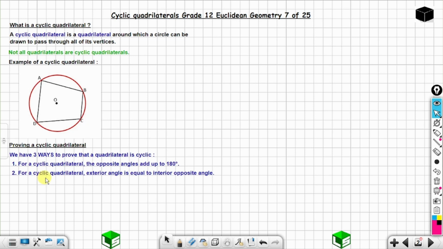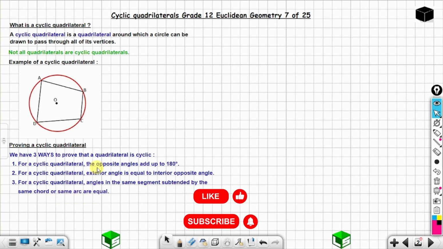For a cyclic quadrilateral, the exterior angle is equal to the interior opposite angle. 3. For a cyclic quadrilateral, angles in the same segment subtended by the same chord or same arc are equal.